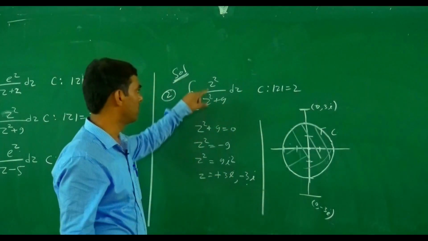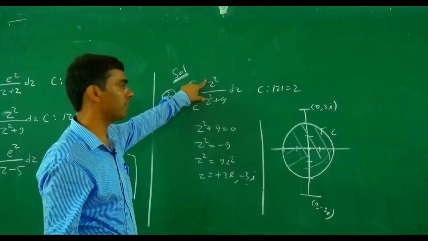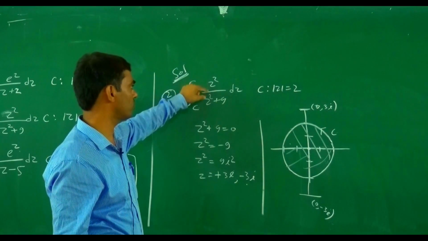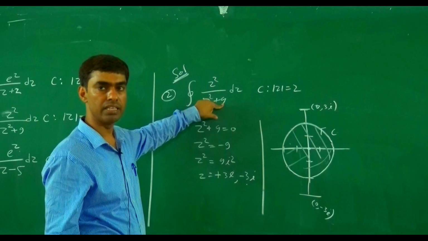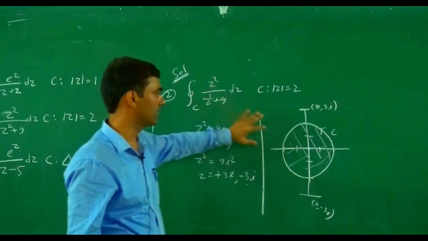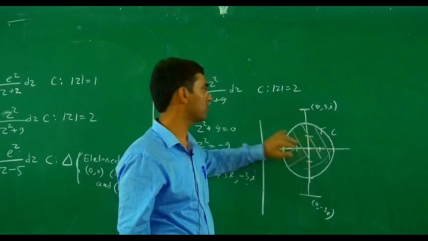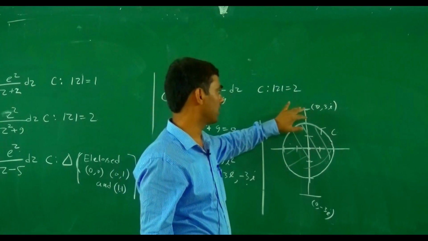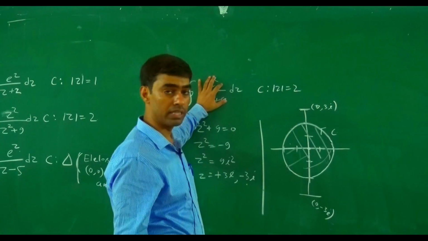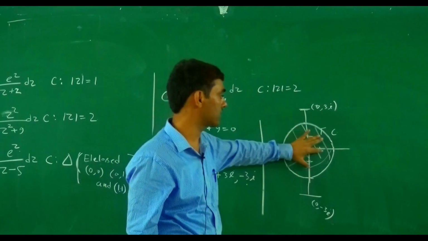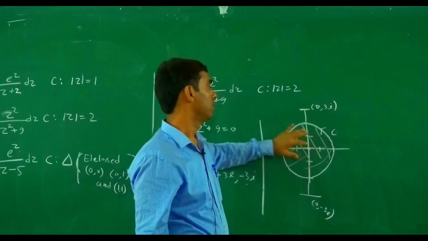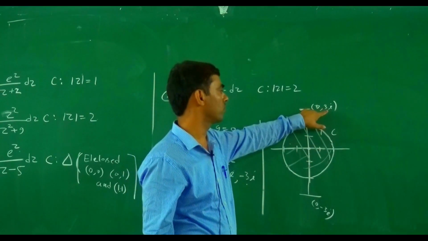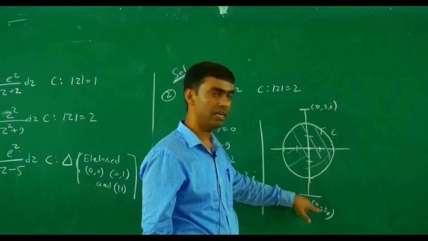And also f dash z, if this one is fz, fz is z square upon z square plus 9. This one is continuous inside the closed curve C, because the derivative of this one is continuous inside the closed curve C. This one is not defined at 3i and minus 3i.